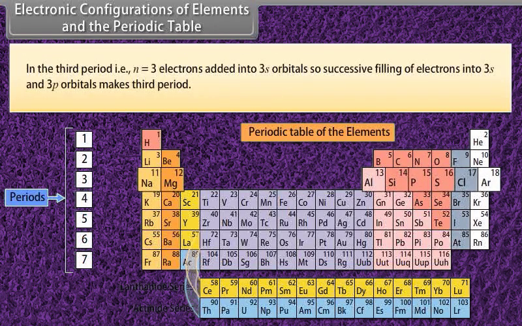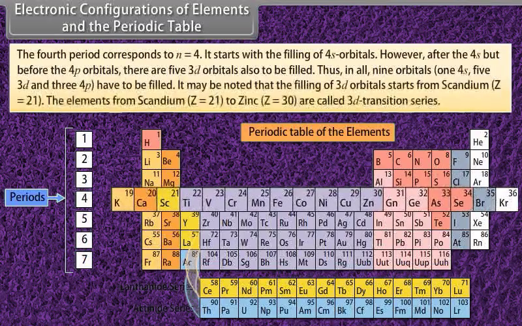In the third period, that is, n = 3, electrons are added into 3s orbitals. So, successive filling of electrons into 3s and 3p orbitals makes the third period. The fourth period corresponds to n = 4. It starts with the filling of 4s orbitals. However, after the 4s but before the 4p orbitals, there are 5 3d orbitals also to be filled.